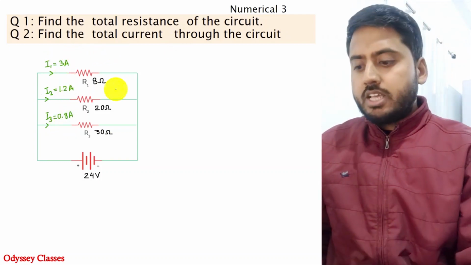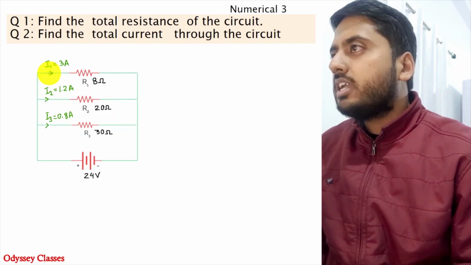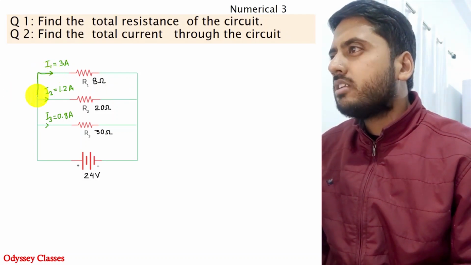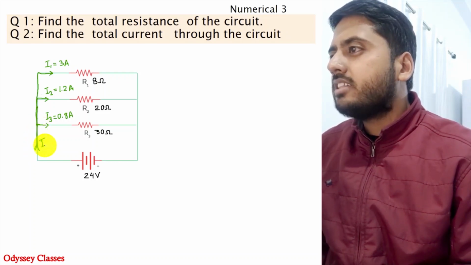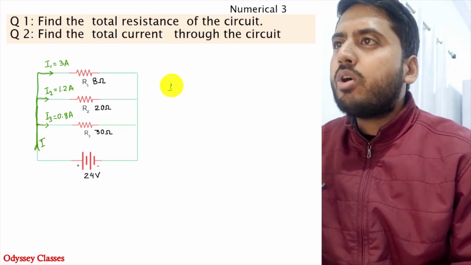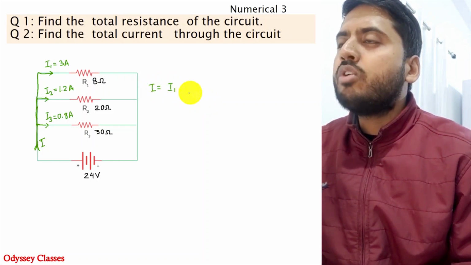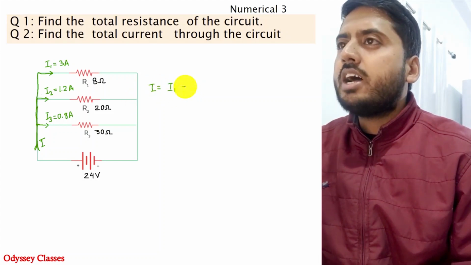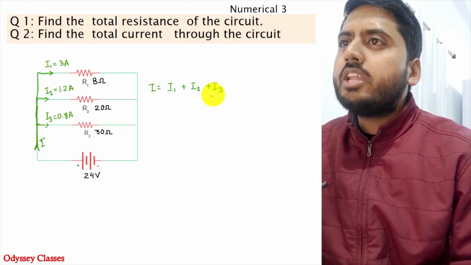The concept that we know already is that we can just add up all the currents I1, I2 and I3. The total current I is the sum of each branch current, I1 plus I2 plus I3. So we can put the values here.